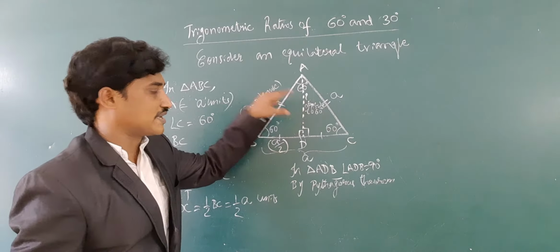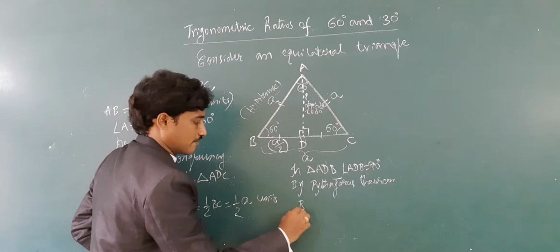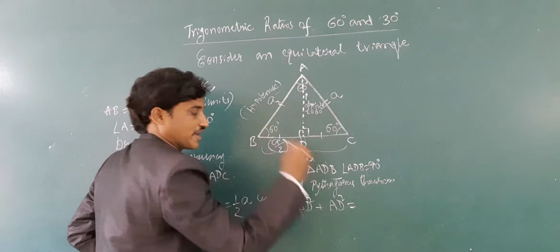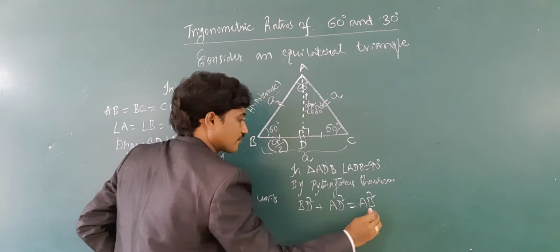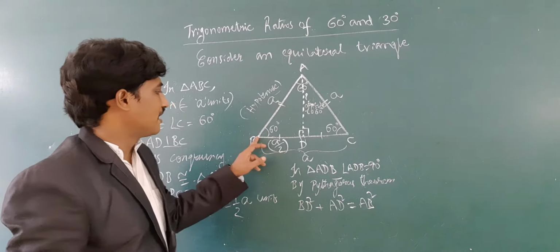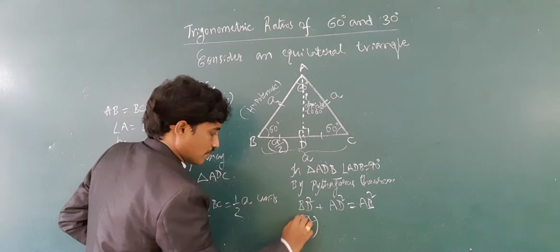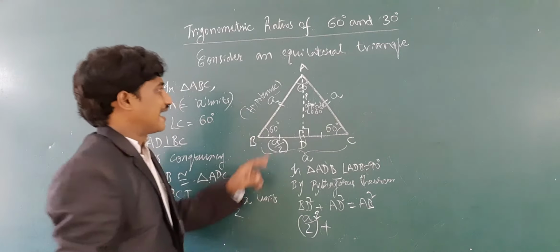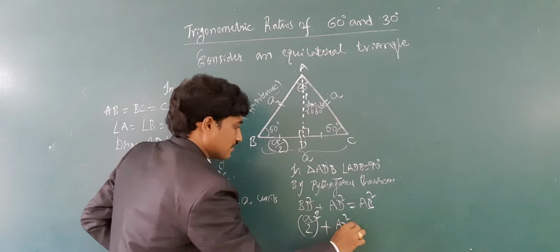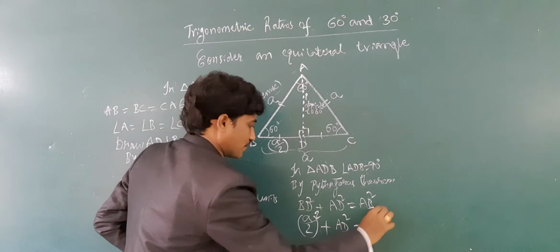So BD square plus AD square is equal to hypotenuse AB square. BD is A by 2, so (A by 2) whole square plus AD square equals AB square, that is A square.